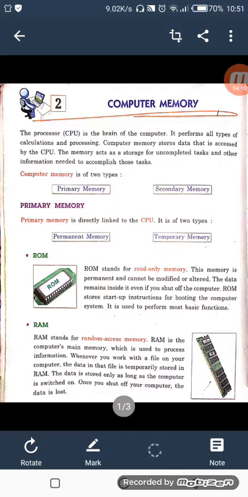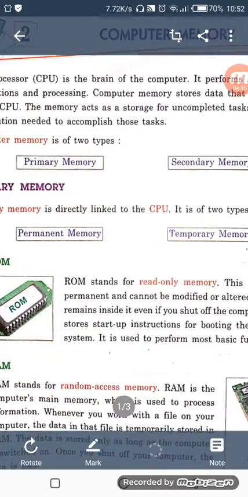Whenever our CPU gets switched off or the power supply goes off, the data will be lost, and we call it volatile memory, whereas ROM is non-volatile memory, because data remains stored even when the power is off. ROM is permanent and RAM is temporary memory.